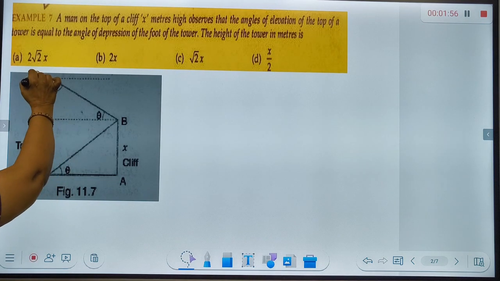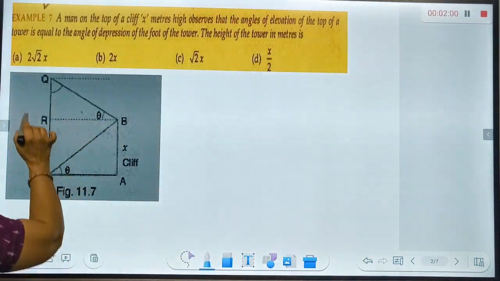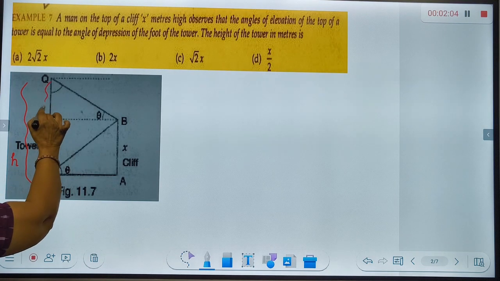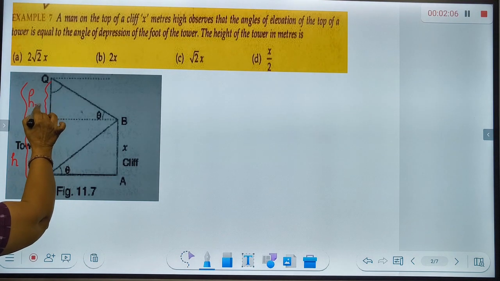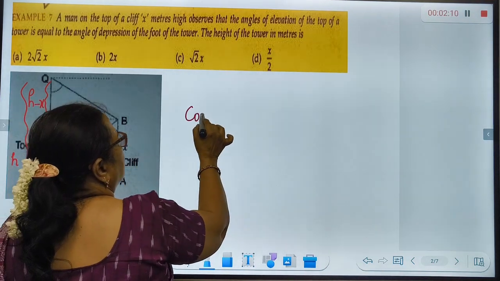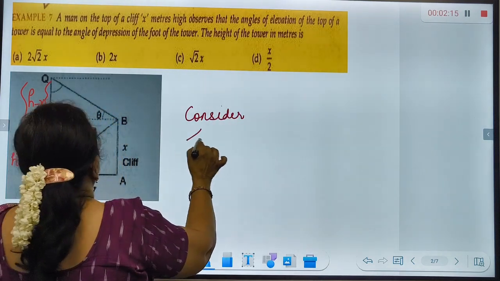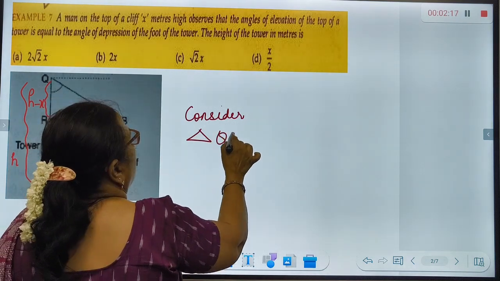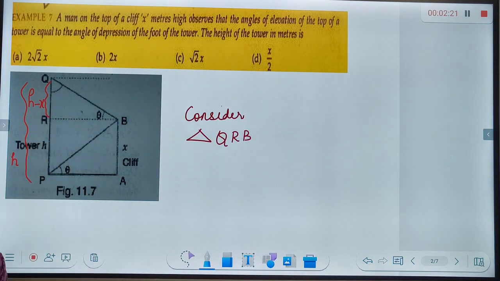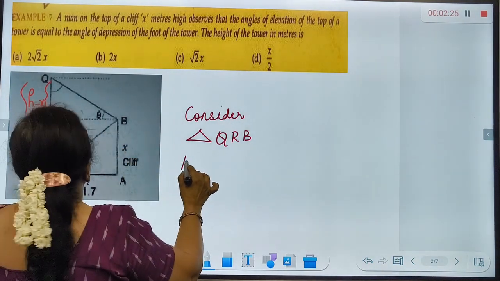So if the whole height is h, then this will be h minus x. So consider triangle QRB. This triangle I am considering. Now what is tan theta?